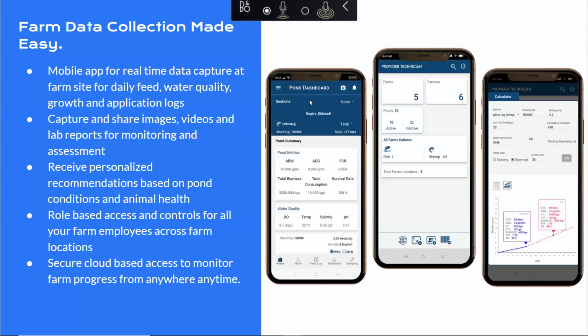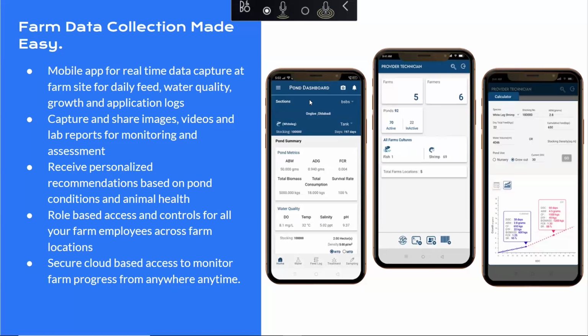What we do in Bluebay is a kind of enterprise suite where the farmer can record all his day-to-day activities: how many times he has fed, how much quantity he has fed, what commercial feed he has used, any other activities he has performed in the farm, his observations.